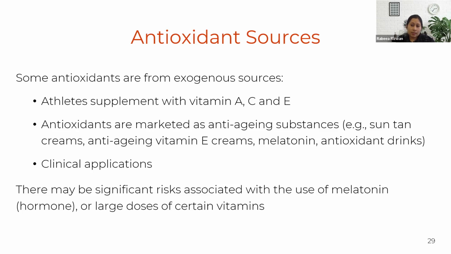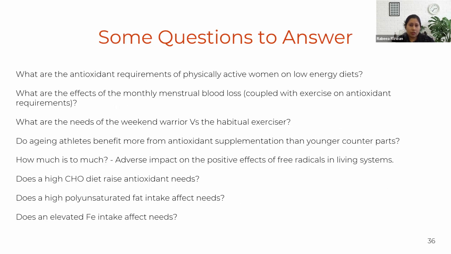Then there are some antioxidant drinks as well, and some clinical applications like some drugs. For good sleep, people take melatonin, but it is harmful. It has significant risks associated with hormone disturbance. So do not overtake or misuse it. Large doses may cause some toxic effects.